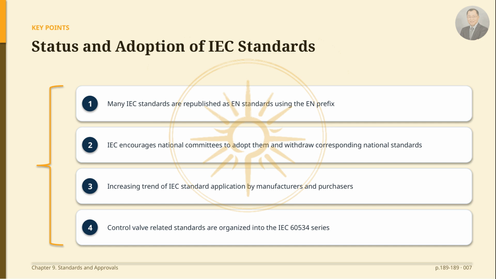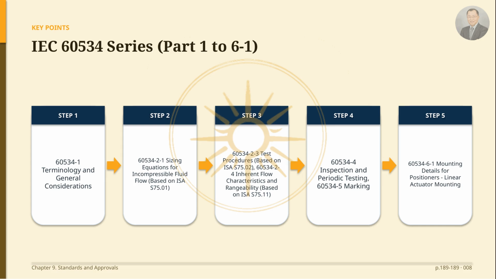The standards for industrial process control valves are organized into the 60534 series, and we will cover the detailed parts in the following slides. I will introduce the first part of the IEC 60534 series. Part 1 covers control valve terminology and general considerations.